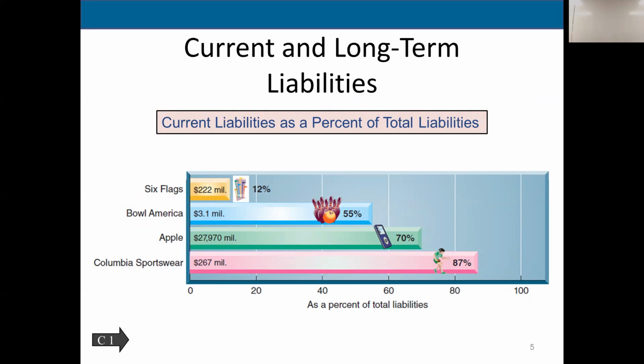So 12% of Six Flags is due within 1 year. Bowl America, Apple, and Columbia Sportswear. Okay, if you were an analyst assigned to these companies, what's something that might concern you if you looked at this statistic? What might you want to see on the balance sheet?